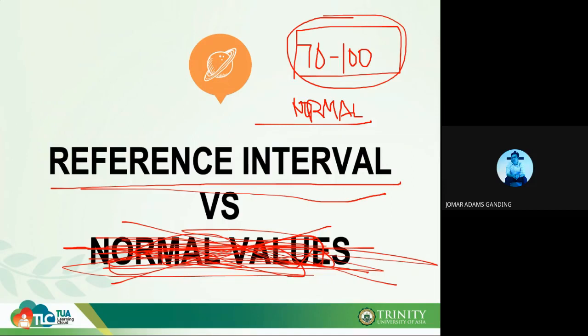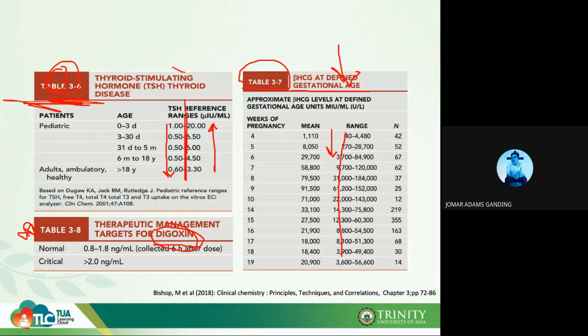Take for example, in the first table that we have, table 3-6, if your results are not within the reference range, that is the time when you will be undergoing further tests to verify if you do have the disease or you don't have the disease.